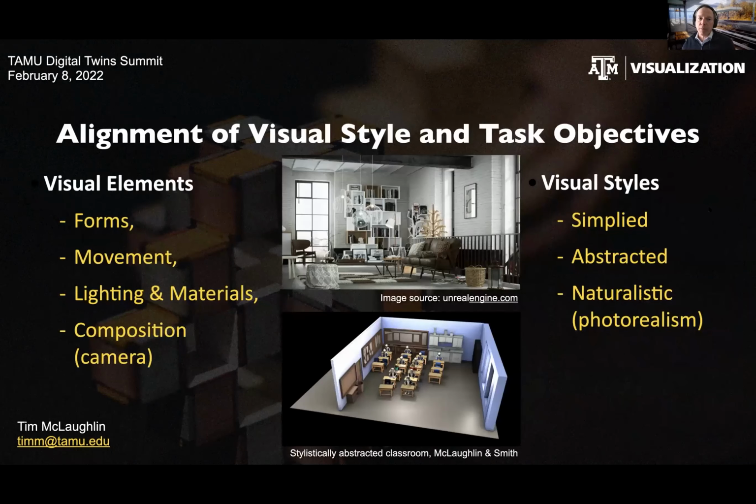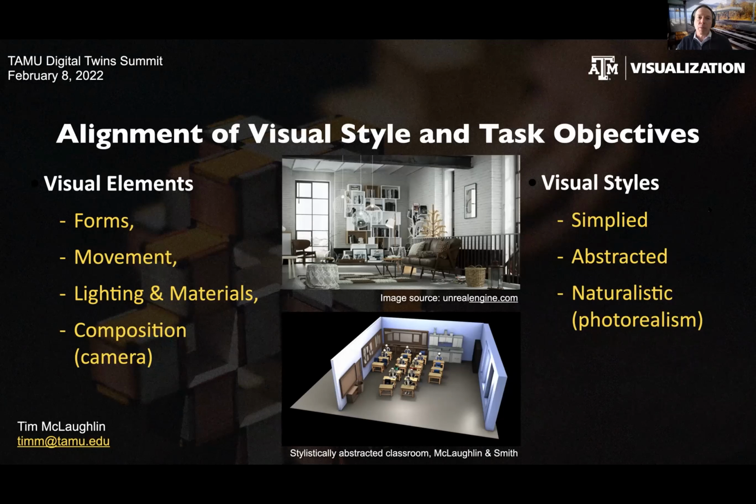So think about forms, movement, lighting, materials, the way we compose our images. The image on the top is a computer graphics image, very much on a photoreal bent. The image on the bottom is a stylistically abstracted representation of a space, of a classroom.